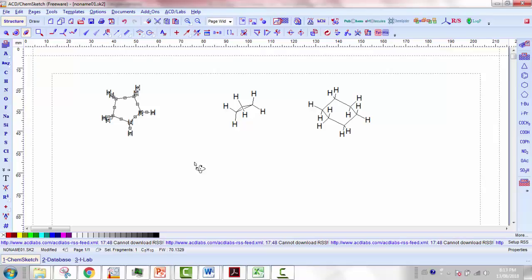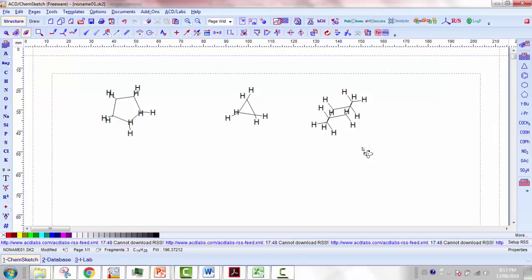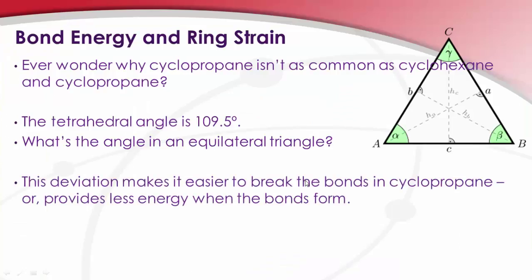So what does all this mean? Well, what it means is that in cyclopropane, we have bonds that are not as strong as the bonds in cyclohexane. This deviation from 109.5 degrees makes it easier to break the bonds in cyclopropane.